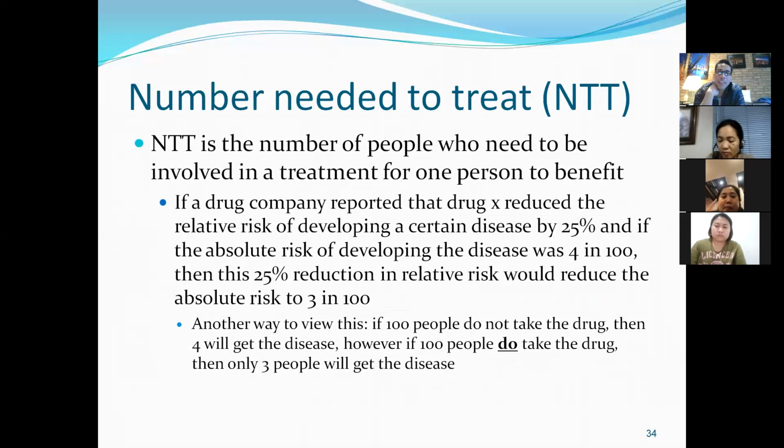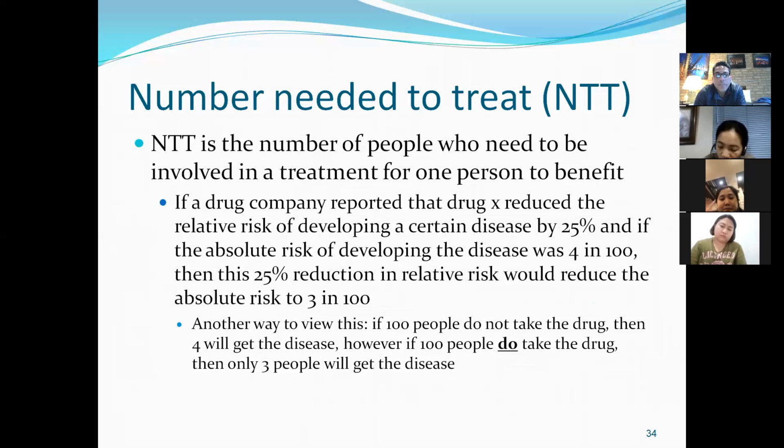So you can just imagine. Basically, this is more of a cost-benefit analysis. It literally tells you, in order for us to appreciate the benefit, X number of people need to have the treatment first. So it has a very specific context for the interpretation of the statistics, which is called the number needed to treat.